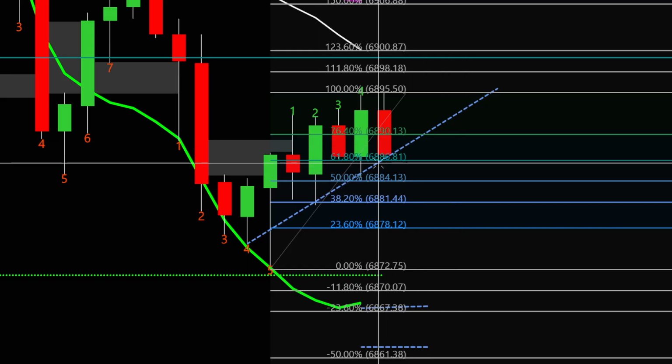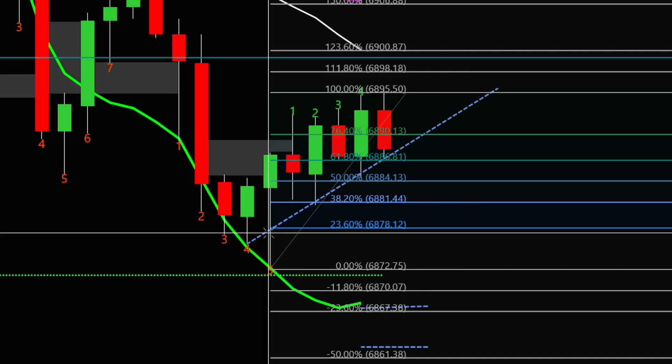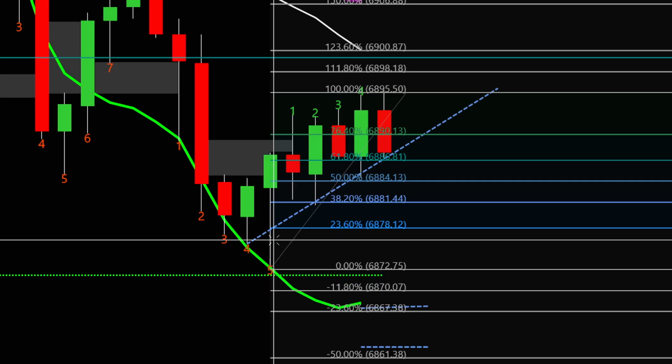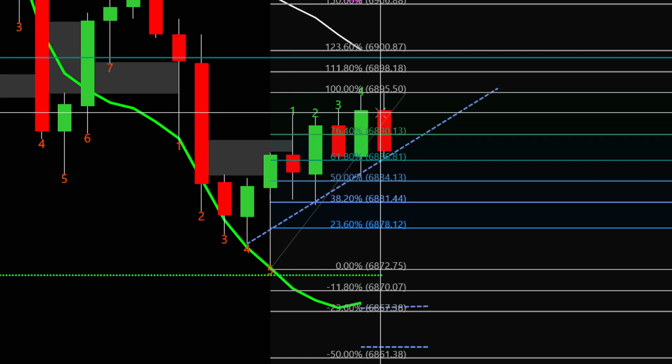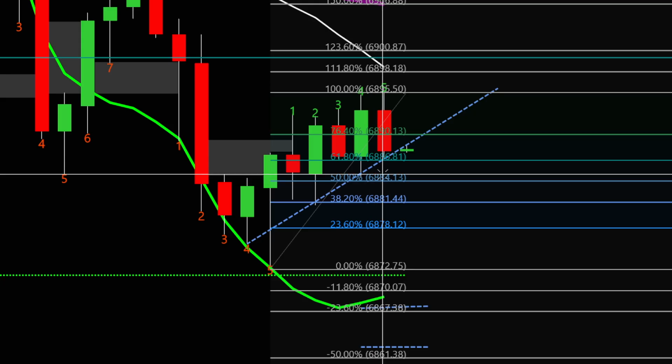And here's another place where people make mistakes. Here's a perfect example right here. This broke, you say, oh, it's breaking, but it didn't close. And you can see what happened. People will take the wick and they'll get in on the wick.